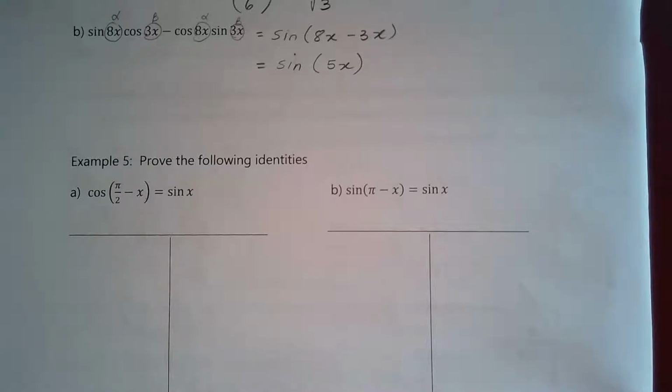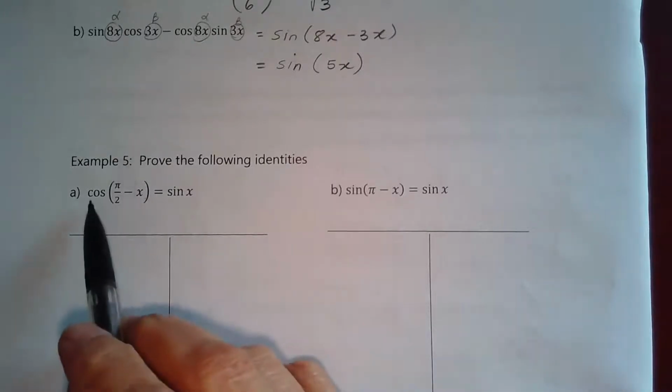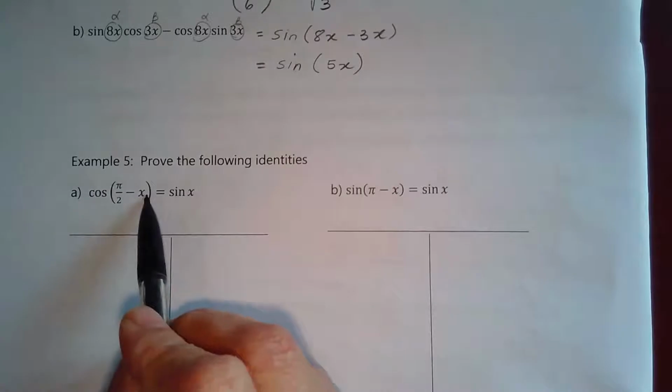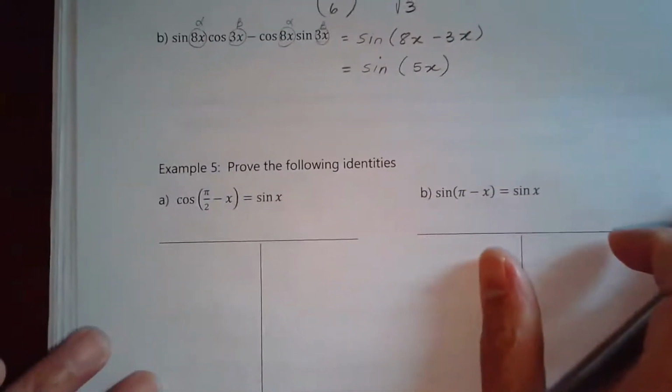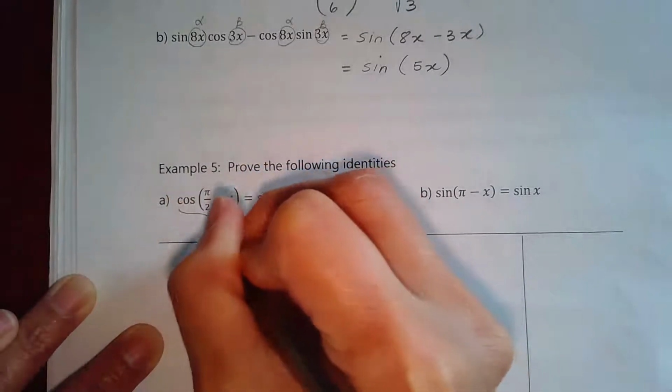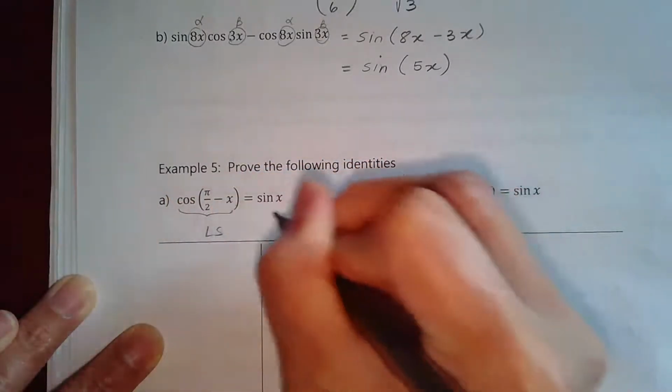But if you want, you can go to Desmos and type this in individually and you'll see that they're the same. Okay, so how do we do that? Cos of pi by 2 minus x. Well, what we can do is we can expand this. This is the left side, and then this is the right side.